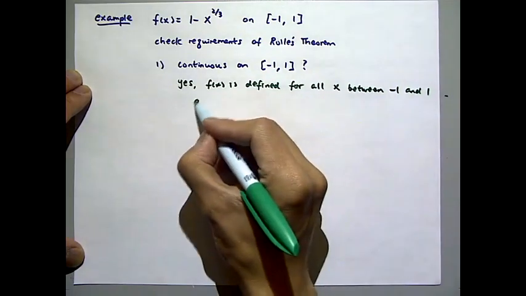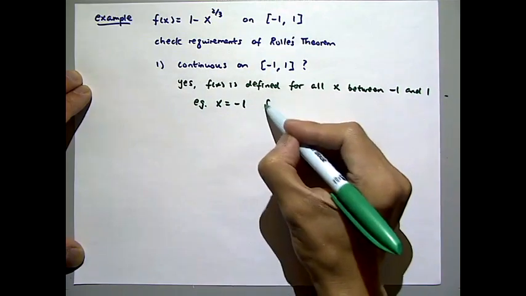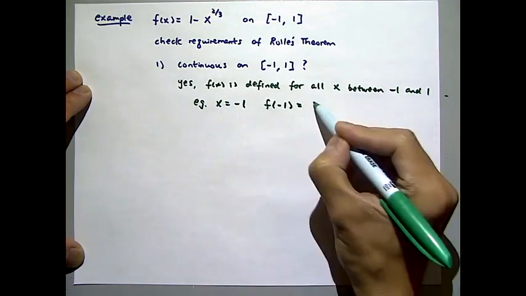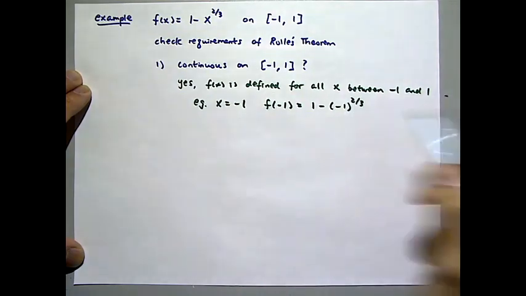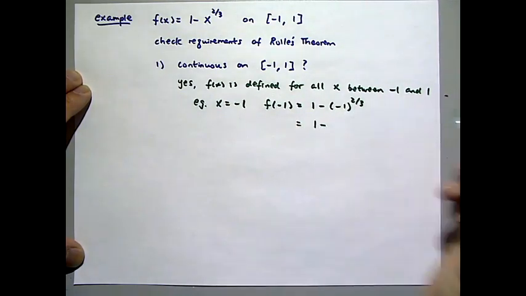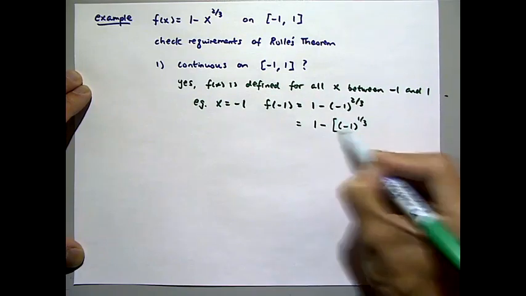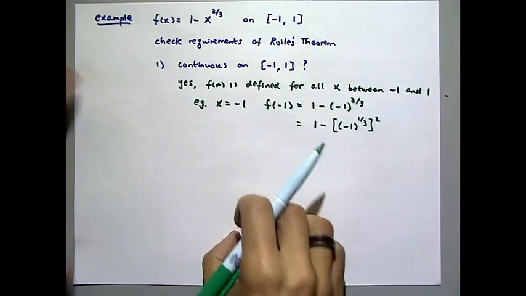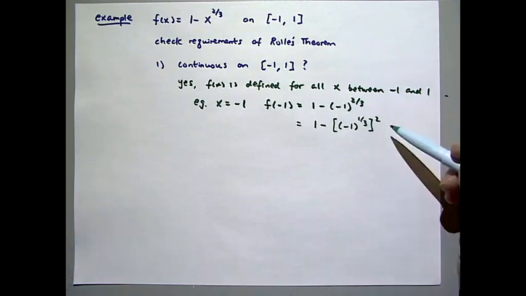Okay, for example, at x is equal to minus 1, f of minus 1 is 1 minus 1 to the 2/3. Think of minus 1 to the 2/3 as the cube root of minus 1, which is a perfectly legal operation. You can take the cube root of a negative number, and then you square that.